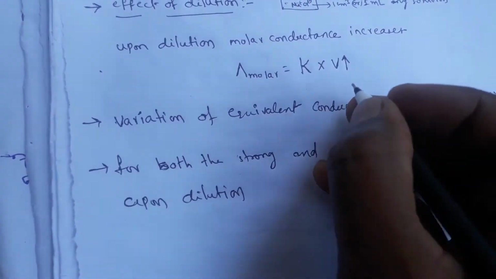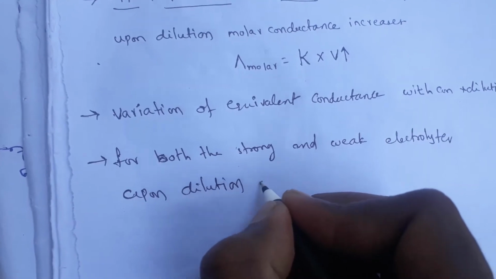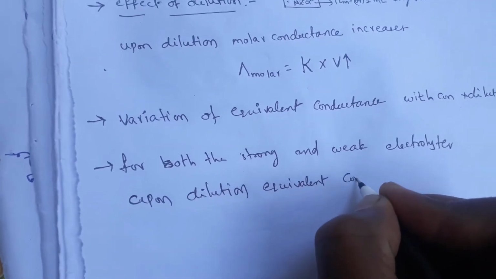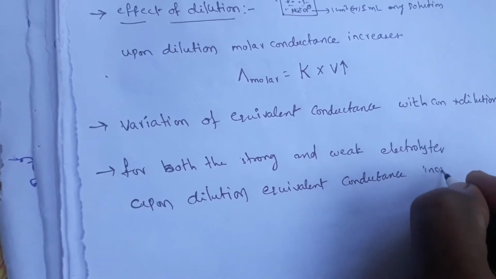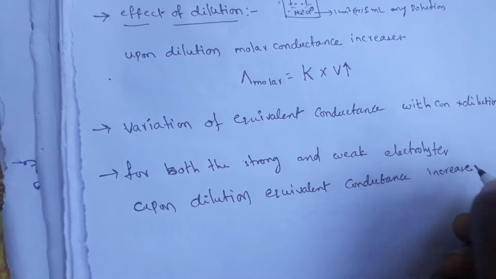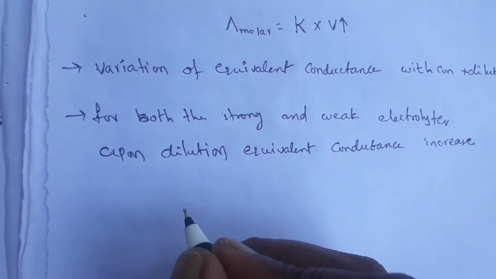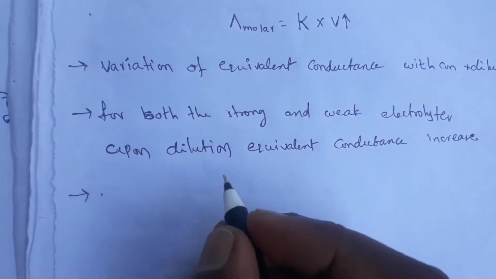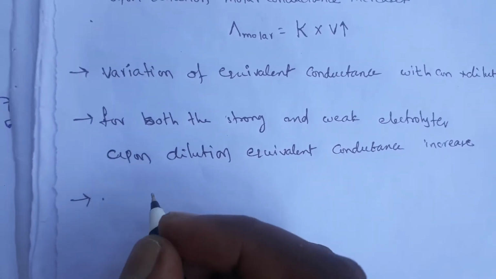Upon dilution, the volume will be increasing. That means molar conductance or equivalent conductance increases. Why does it increase? Because the separation between the ions increases, so obviously they are easily accommodated at the cathode or anode. So here equivalent conductance increases.